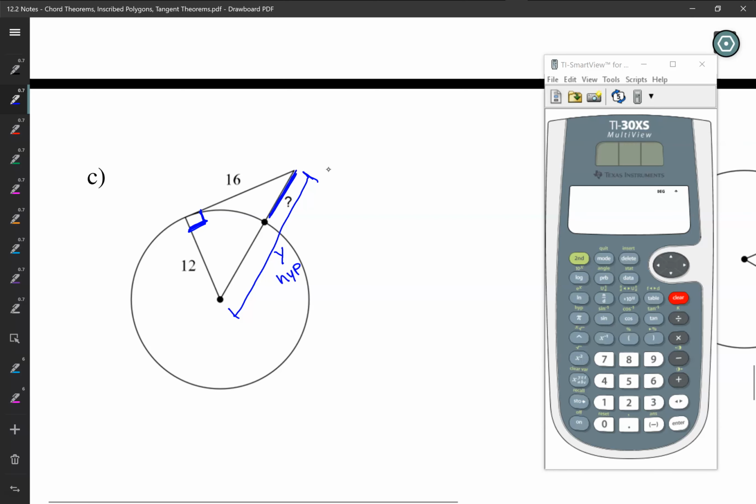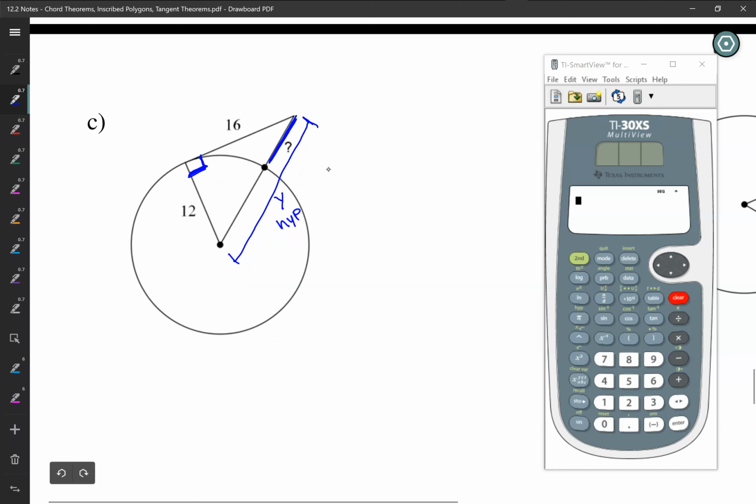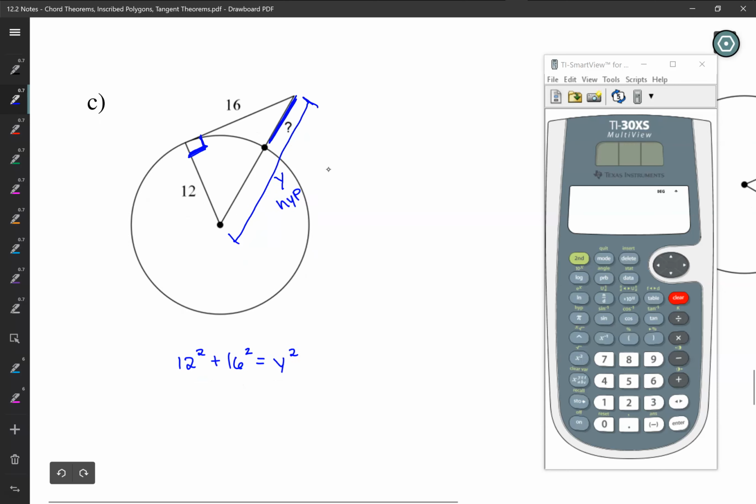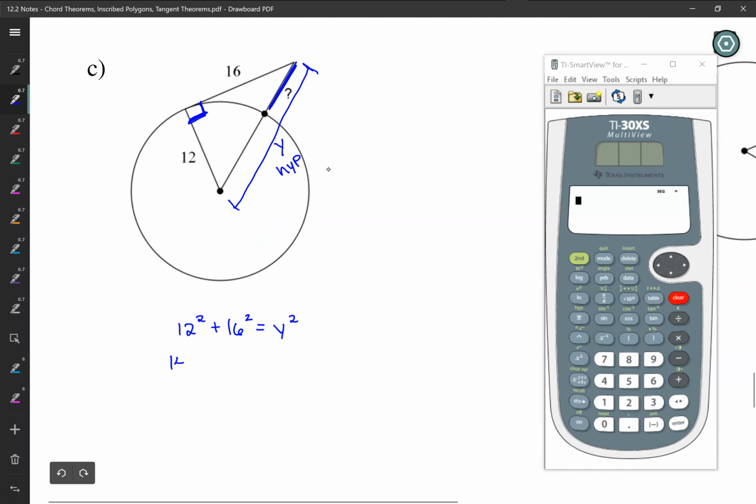So let's go ahead and get y with the Pythagorean theorem. I have leg squared, 12 squared, plus leg squared, 16 squared, equals hypotenuse y squared. So that's 144 plus 256 equals y squared.